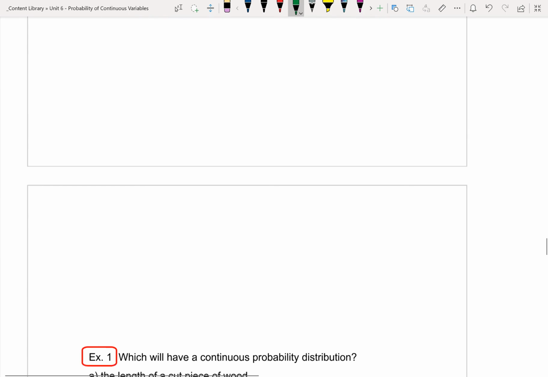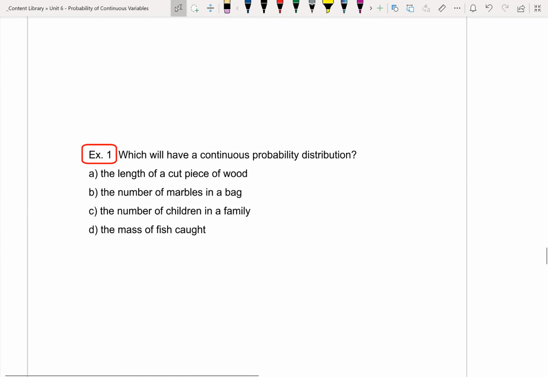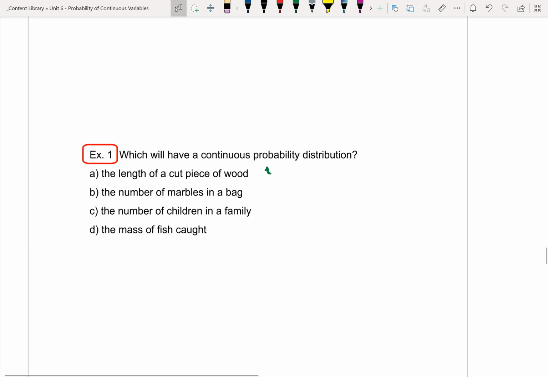So, as an example, if I want to try to determine which will have a continuous probability distribution, I need to look at my scenarios and determine, am I going to be looking at continuous data or discrete data? So if I look at the length of a cut piece of wood, this would be considered continuous because in terms of measurement, I could have a wide range of measurements.